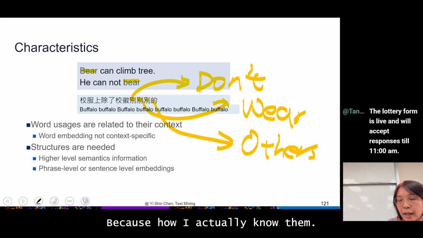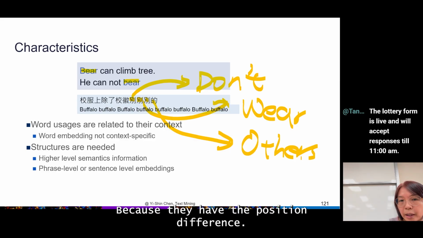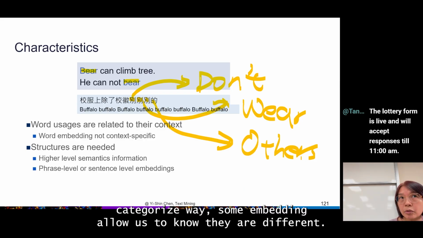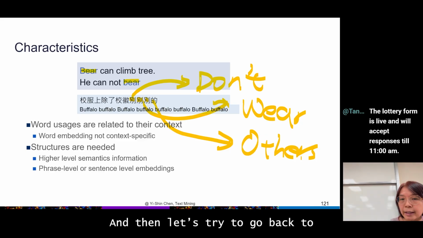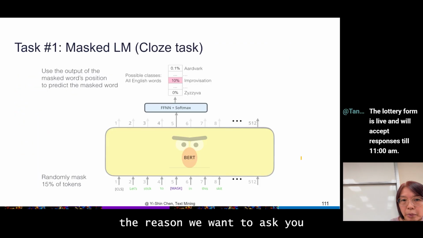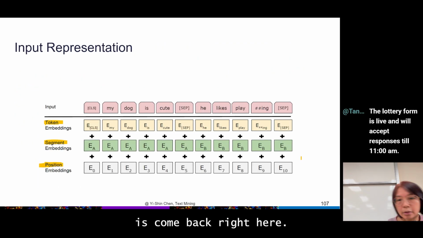Why? Because how do I know them? Because they have position differences. So you need some categorized way, some embedding, that allows us to know they are different. And then we come back to the reason we want to ask you, right here.